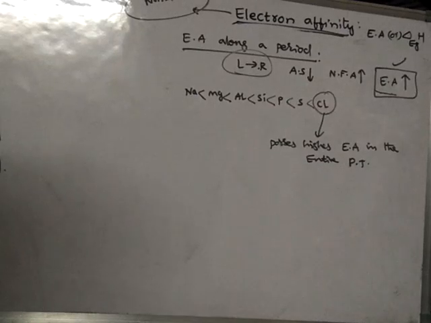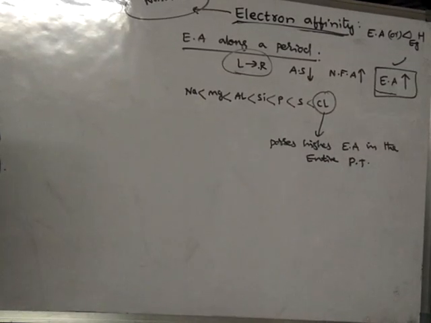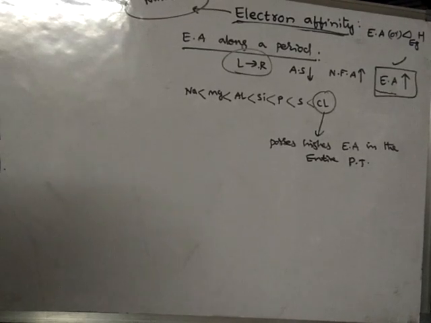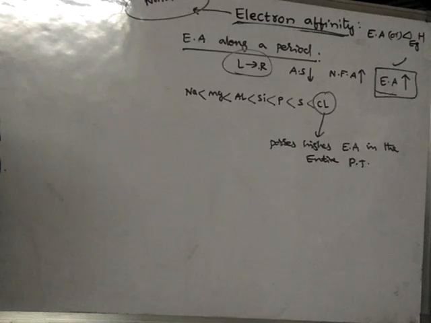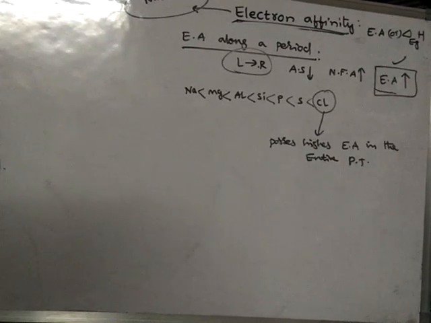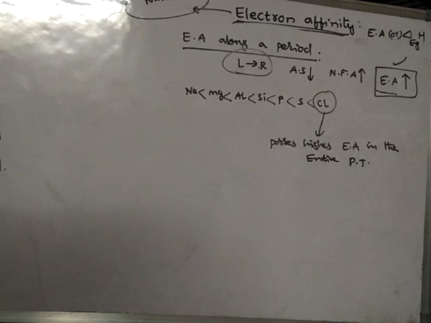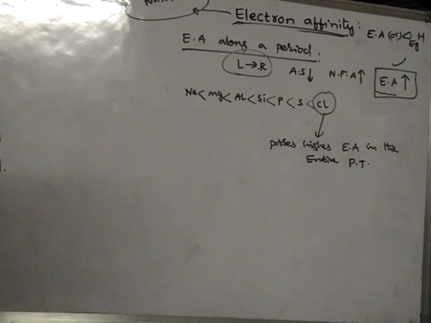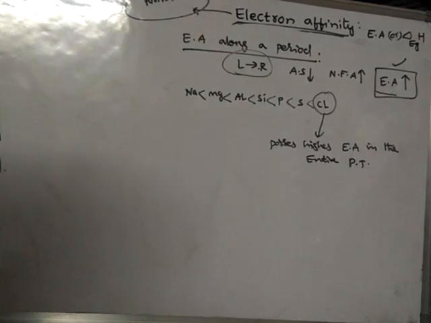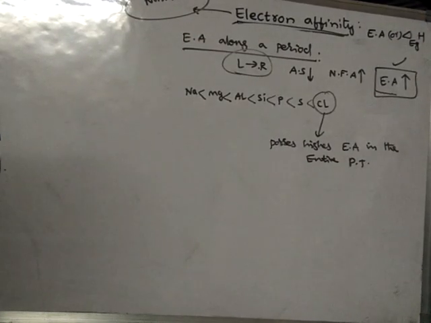Electron affinity means loss of energy. So chlorine will lose more energy when it takes an electron from outside into that atom. No other element will lose as much energy as chlorine loses when an electron is added to that atom. So the electron affinity of chlorine is the highest among all elements present in the periodic table.